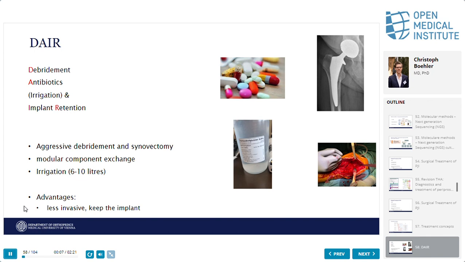Okay? So you keep the implant, you do an aggressive debridement and synovectomy, you change all the mobile components. And there's also the discussion, what is a mobile component? For sure the head and the liner. If the liner is a ceramic liner, it's hard to get out. What do you do? Change the cup?